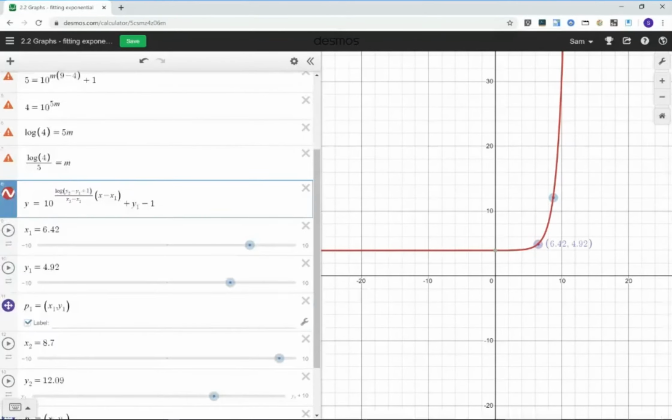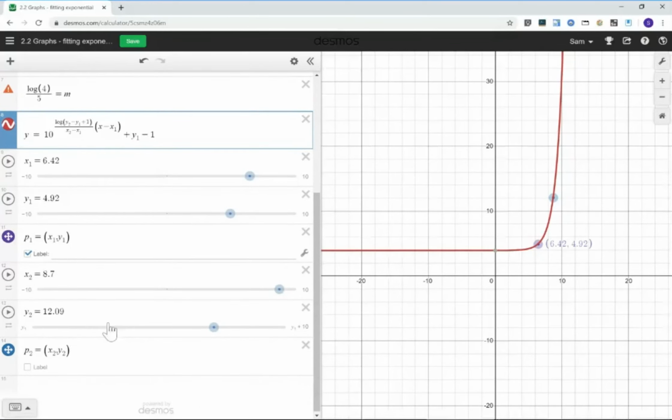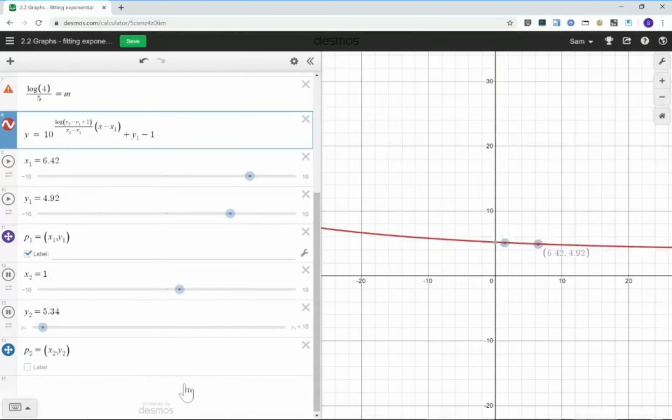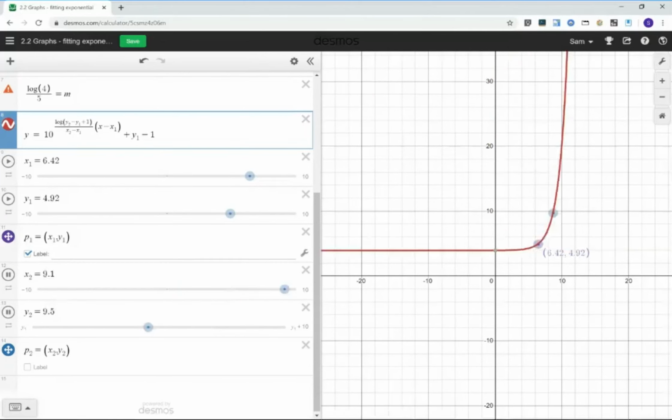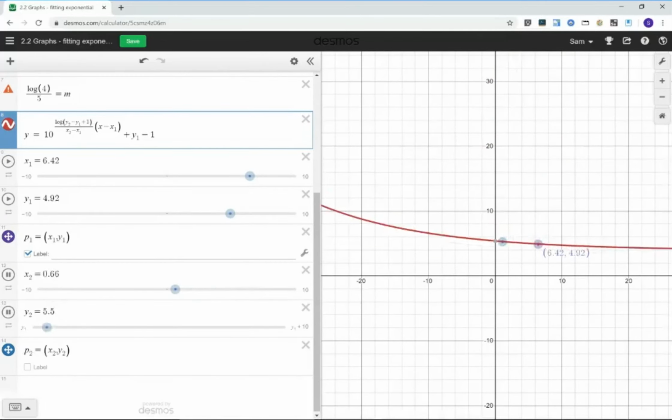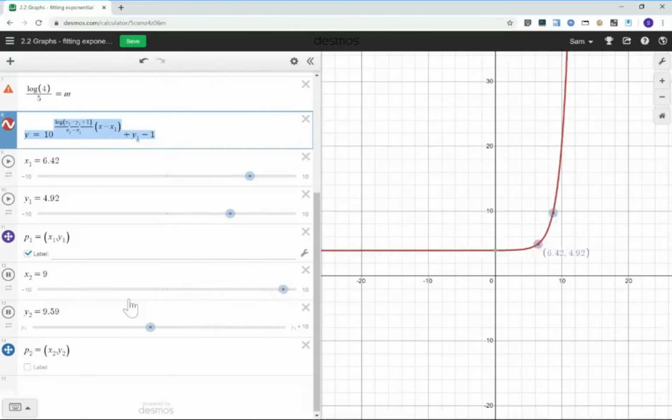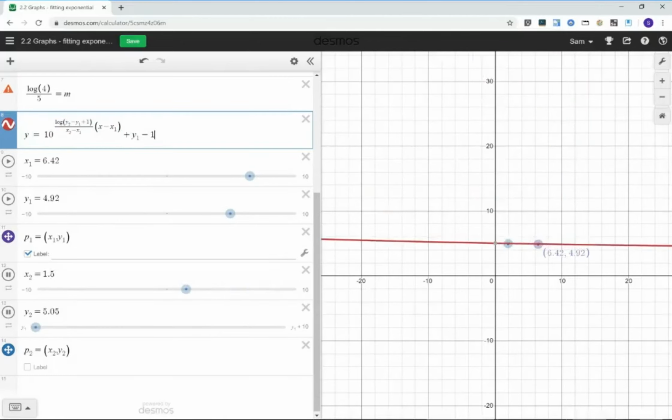Okay, there we go. Now I can play. So we've got the second point moving around and the exponential curve is adjusting to fit through it, which is very cool. So this here is the general formula for an exponential through any arbitrary point.